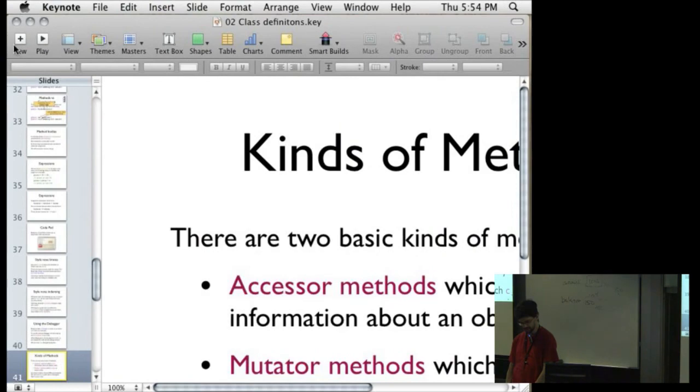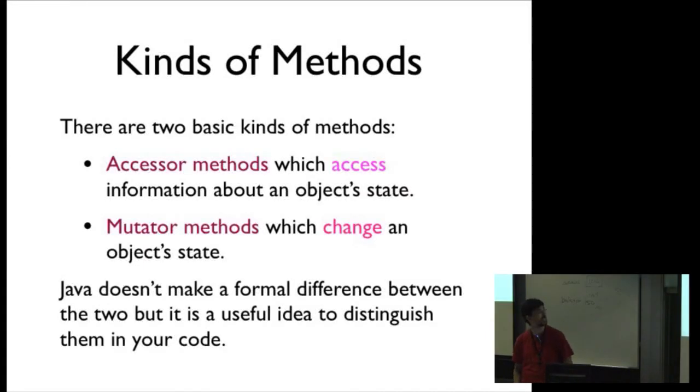So back here, Java doesn't tell the difference, but there really are two basic kinds of methods that you'll be writing. Some of your methods will be accessor methods, which get information out of the class. They're ways of finding out information about an object. Some methods are mutator methods. They actually change the object.